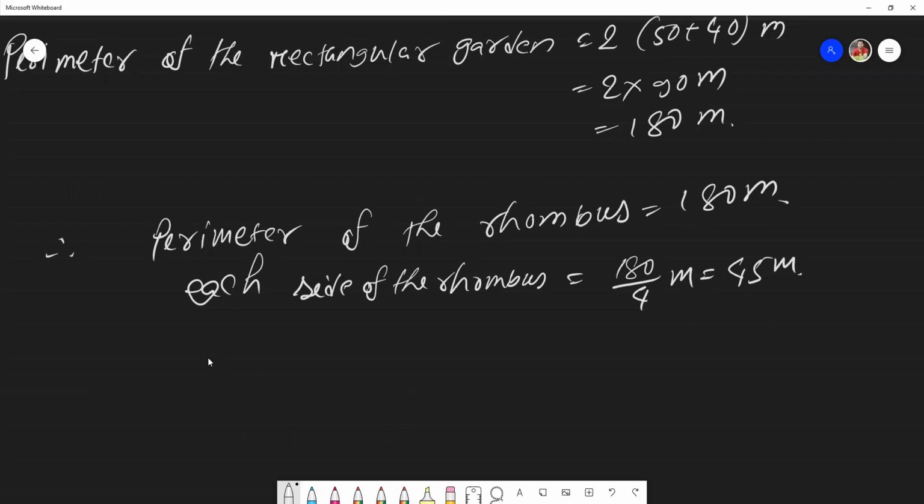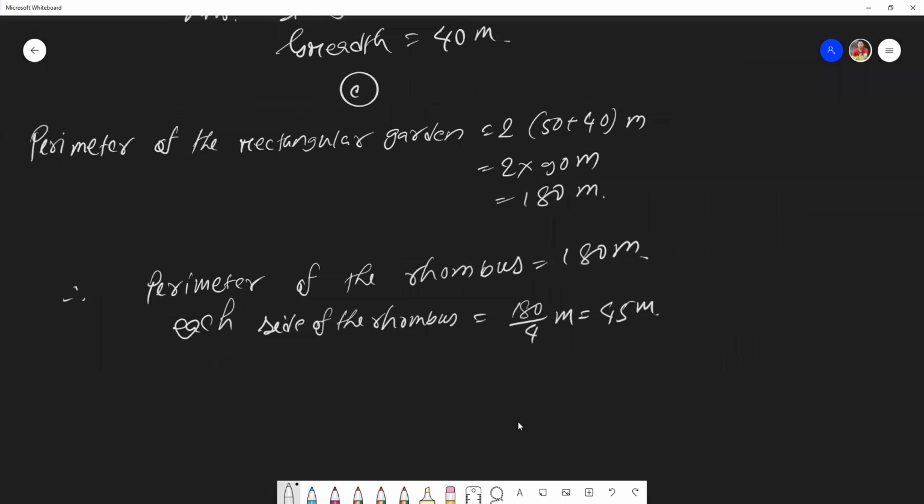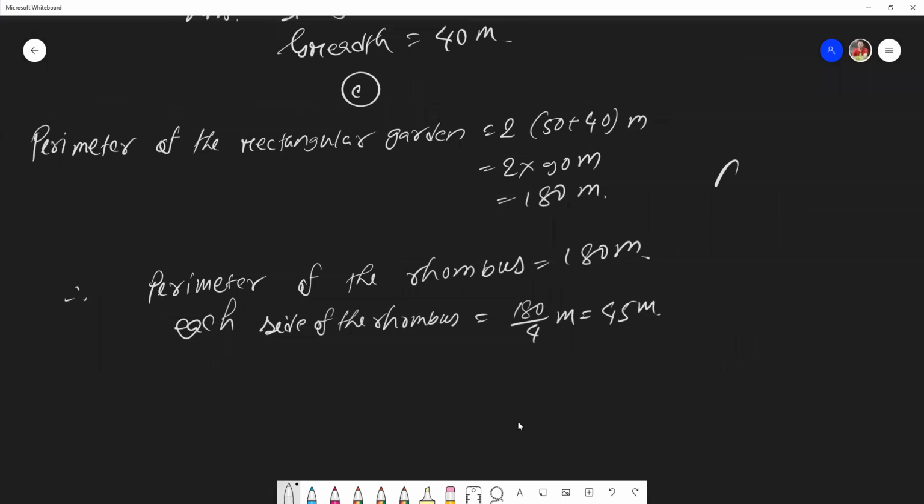Diagonals of the rhombus bisect each other perpendicularly, we know. So we have to draw a perpendicular line. Draw a figure of the rhombus.